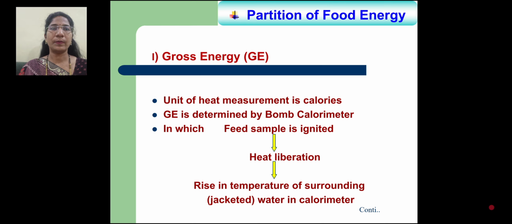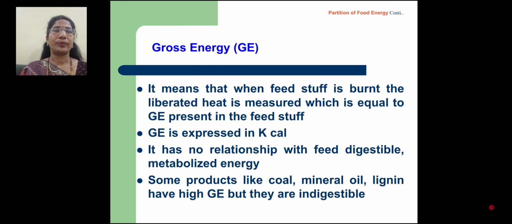In gross energy, the feed sample is ignited, and the heat liberated raises the temperature of the surrounding water, measured in calories. This means the feedstuff is burned, and the liberated heat measured is equal to the gross energy present in the feedstuff.